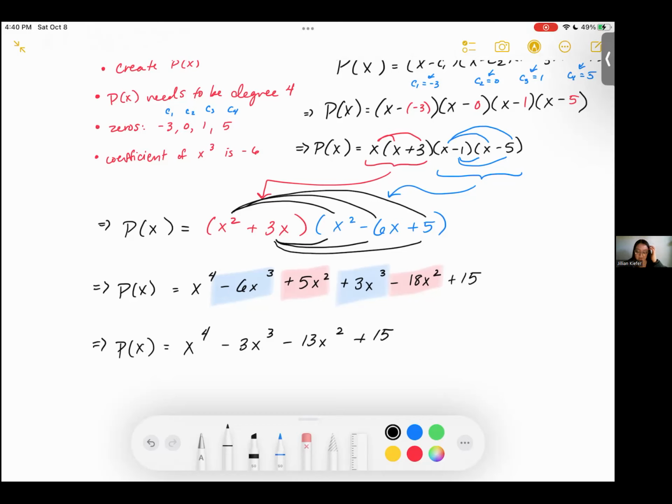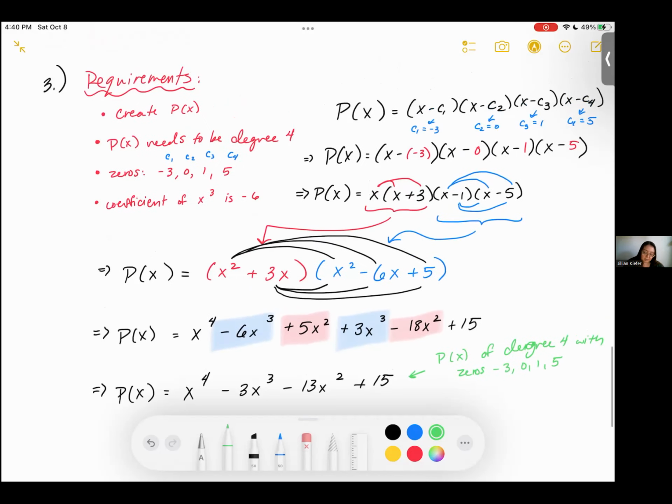So, all right, what we have right here is a polynomial of degree 4 that has the zeros negative 3, 0, 1, and 5. So this right here, p of x, of degree 4 with the zeros negative 3, 0, 1, and 5.